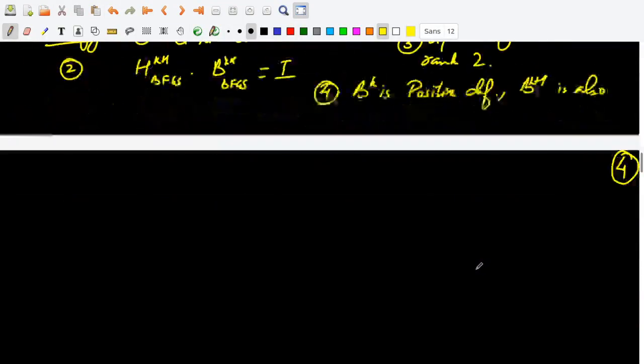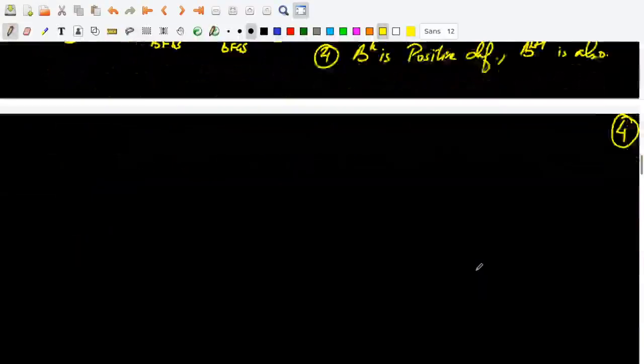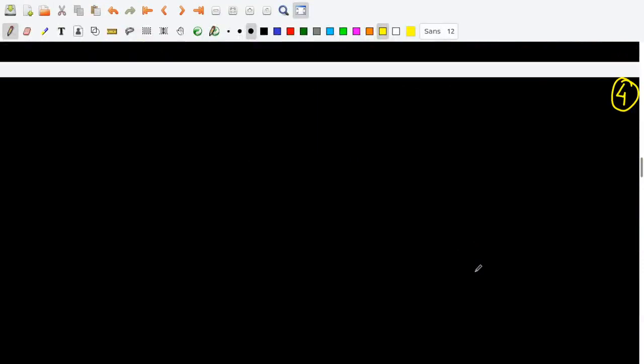So these two are not the only ways of updating formulas. In fact, there is a whole family called the Broyden family.